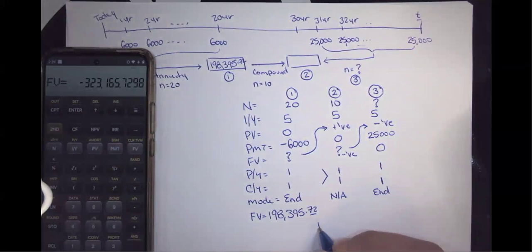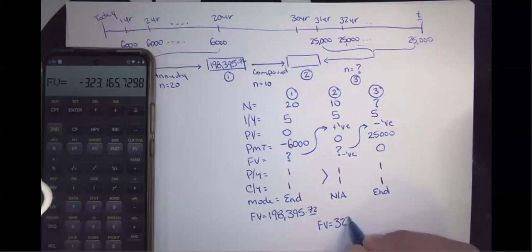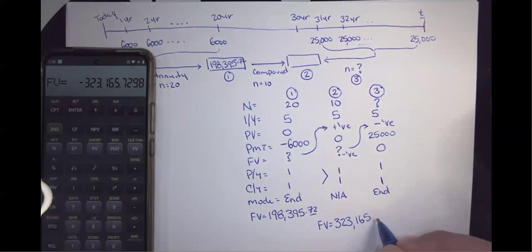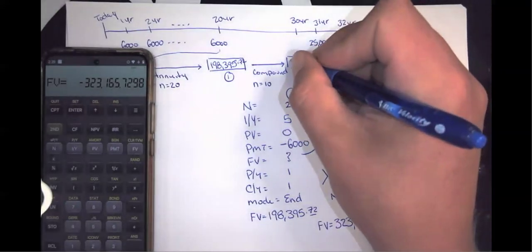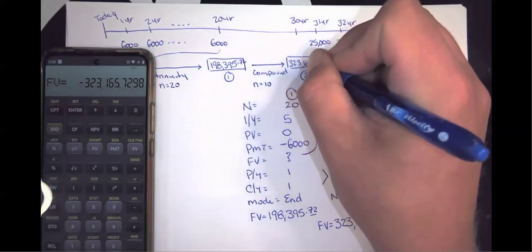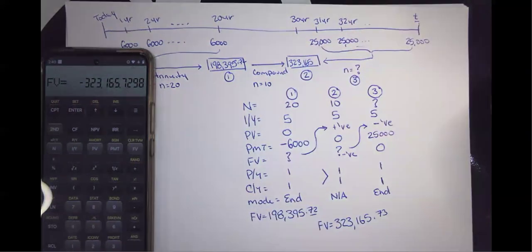So this future value for calculation 2 is going to be $323,165.73. So that's how much we have here.